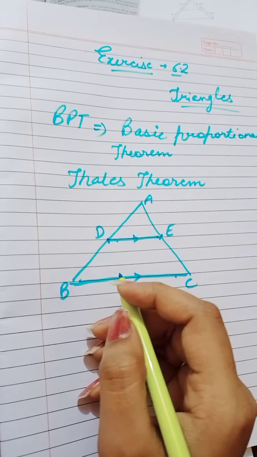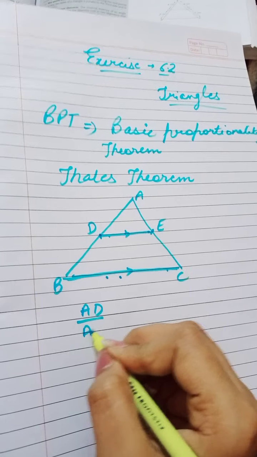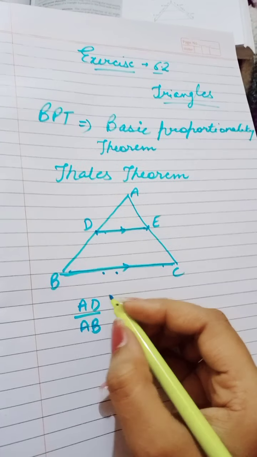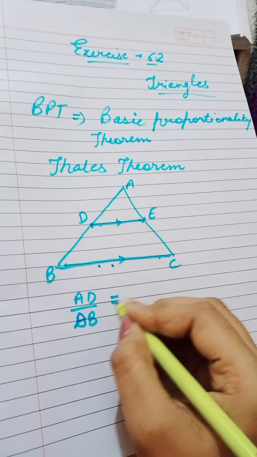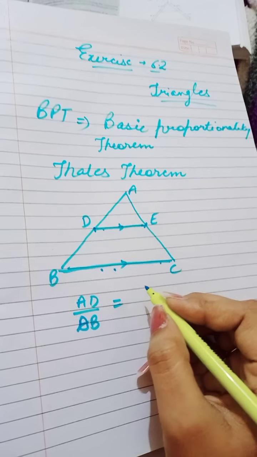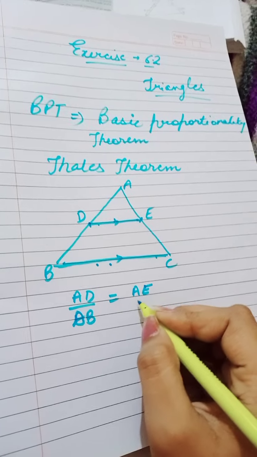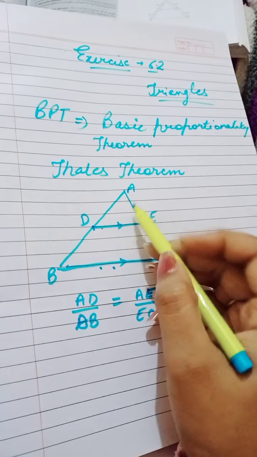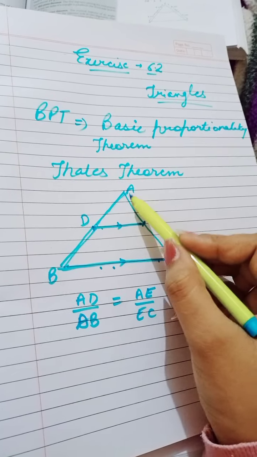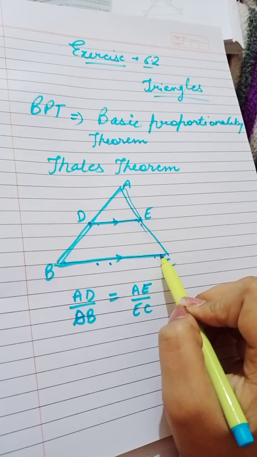It means what you have to prove is that AD upon DB would be equal to AE upon EC, right?